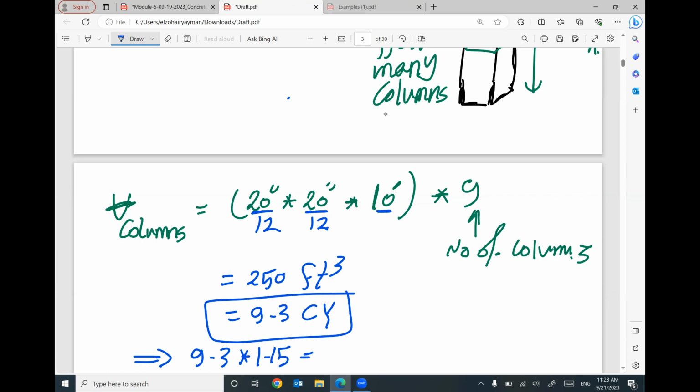So I need to order 10.6 cubic yard. This is the actual volume of concrete we need to construct your columns. However, we should expect some wastage. We should expect some damage in concrete during pouring, during construction. So we have to order a little extra to avoid any shortage during the construction.